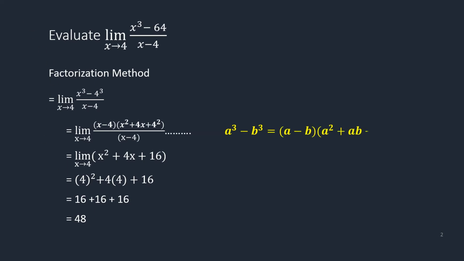Now we will solve the same limit by formula method, which goes like this: limit of x to the power n minus a to the power n over x minus a as x approaches a equals n times a to the power n minus 1.